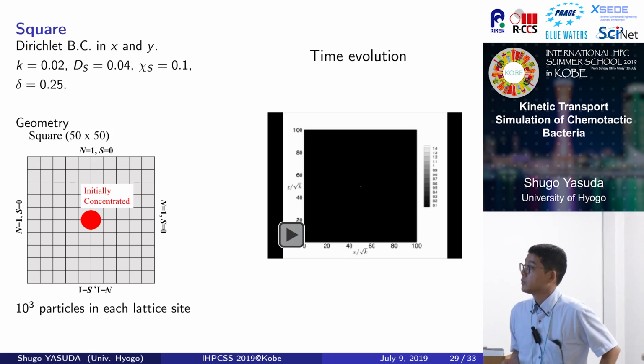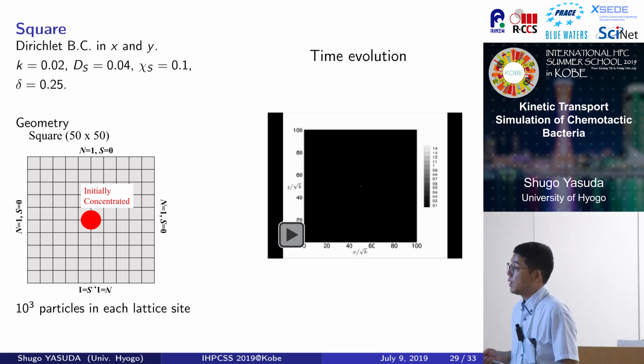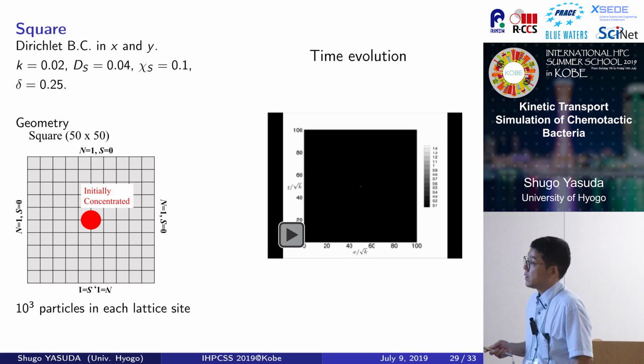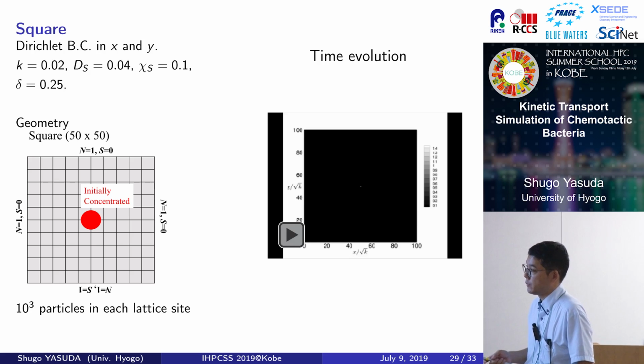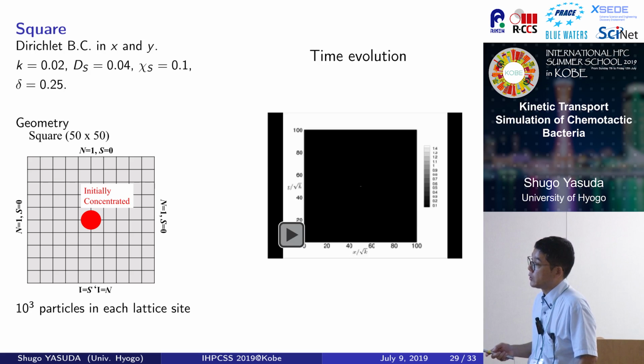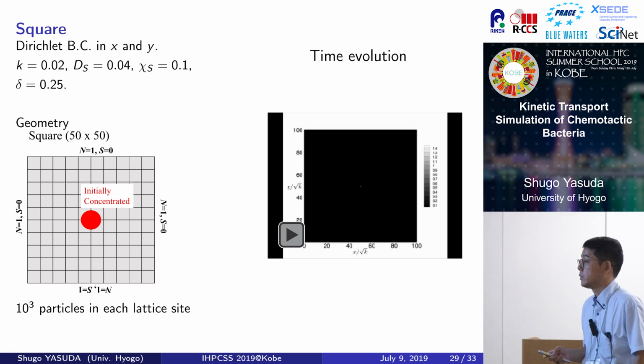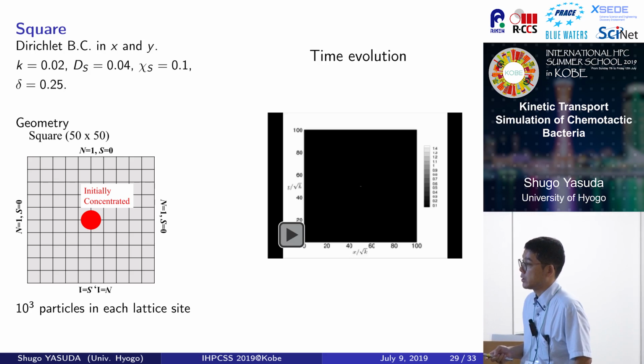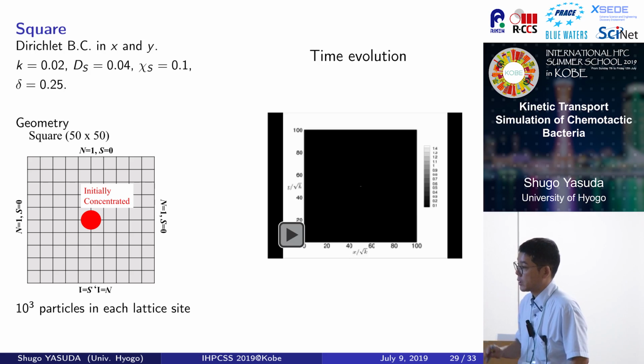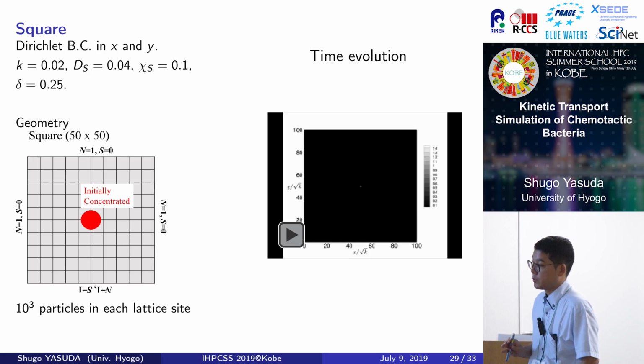I skip this one also. The next example is another geometry. Here, the boundary conditions are all Dirichlet type, so the chemical concentrations are fixed at the boundaries of this square region. Bacteria are first accumulated at the center of this region. We divide this domain into a 500 times 500 lattice system, and in each lattice we put 1,000 particles in a uniform state.